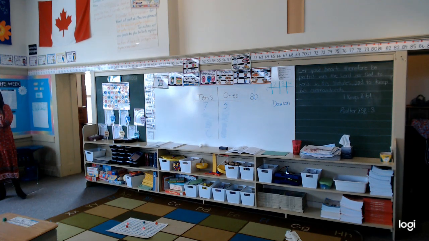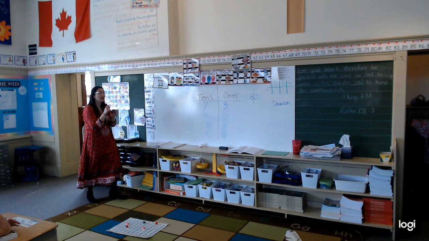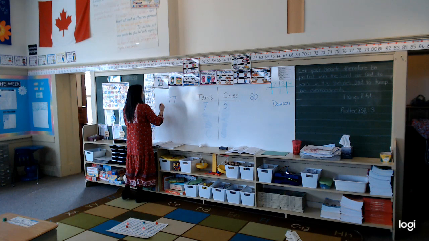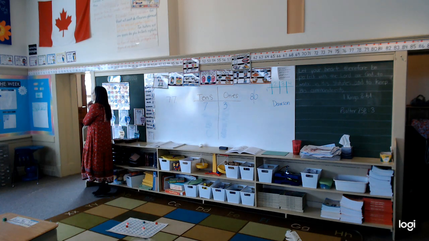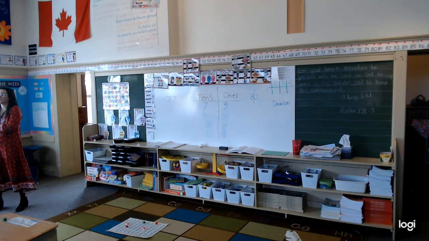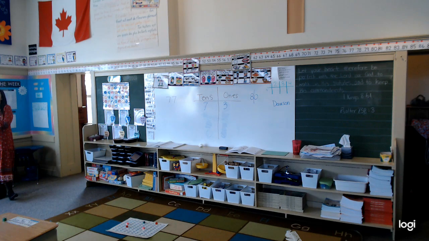This number is going to be 10 more than the number 77. How can we figure that one out?